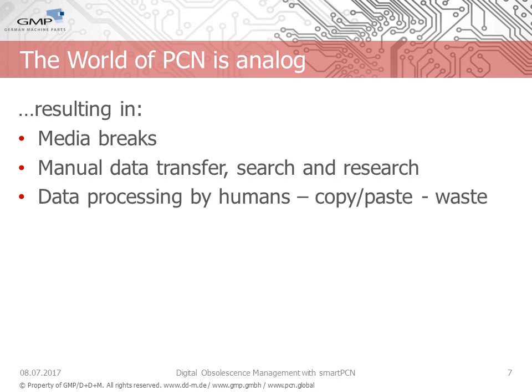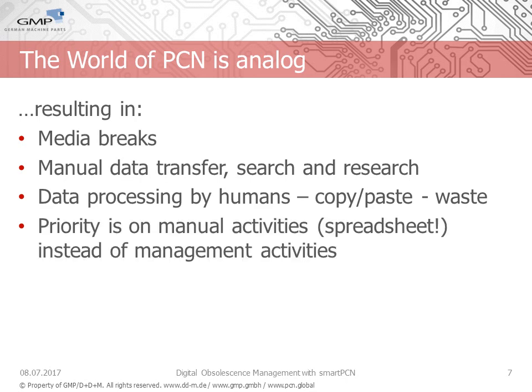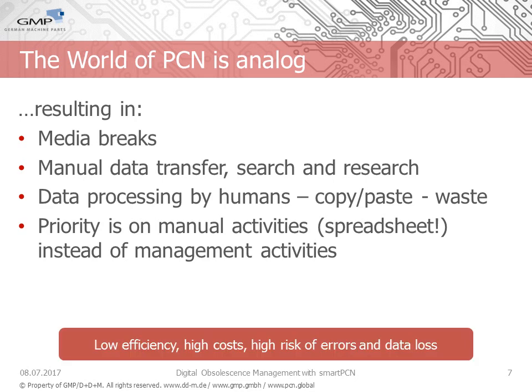So we have data processing by humans, in particular copy-paste actions, having the risk of creating errors, and highly skilled experts spend a lot of time with manual activities, filling out spreadsheets instead of management activities to solve problems. In particular, in times where expert know-how is rare, it is very difficult to increase the staff in order to keep track of the increasing number of PCN.